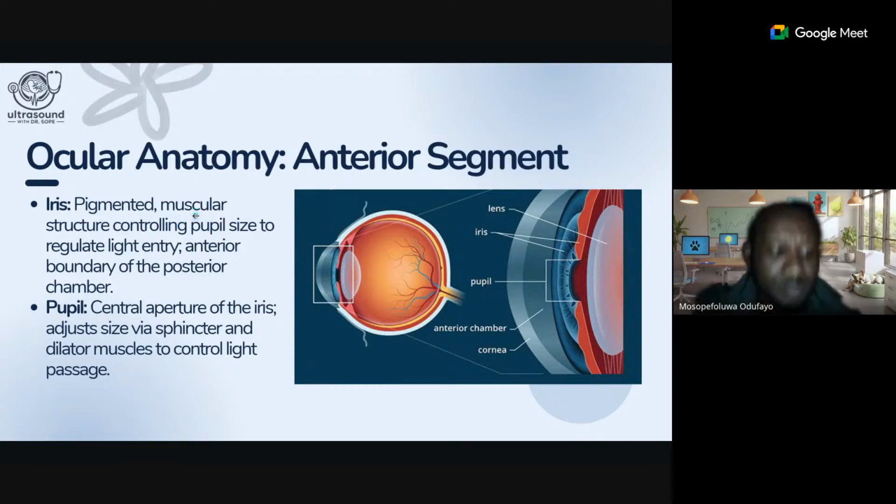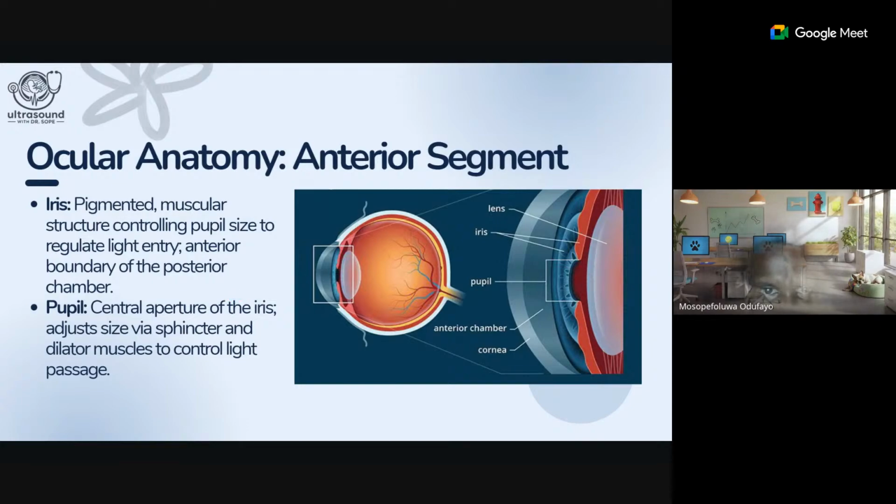This iris is a pigmented muscular structure controlling pupil size to regulate light entry. Is that okay? So it looks like a donut. It has a hole in between, and that hole is the pupil, as you can see ably represented here. Is that okay?